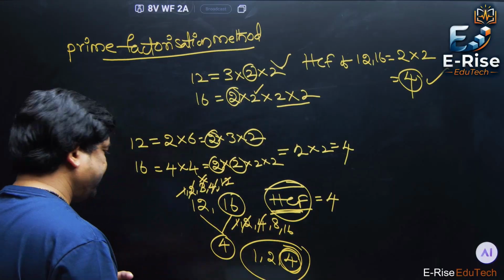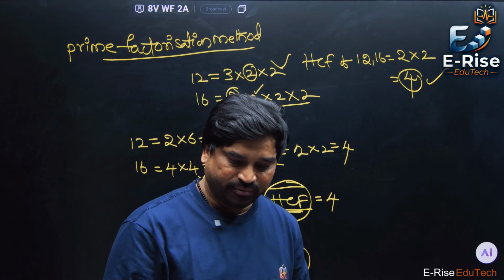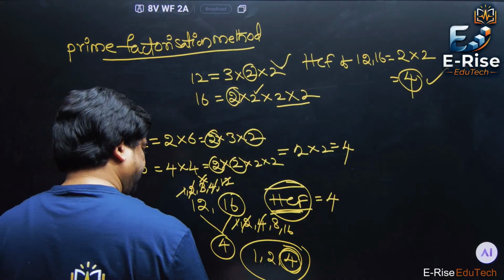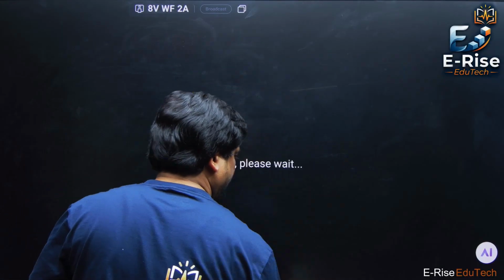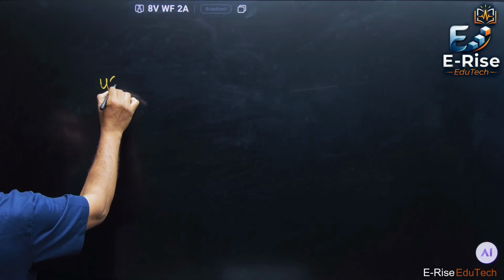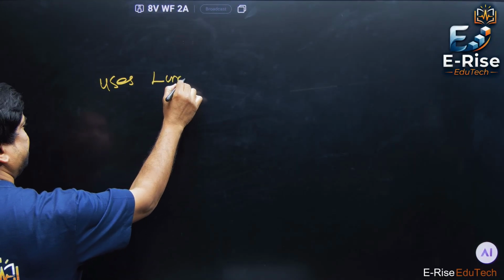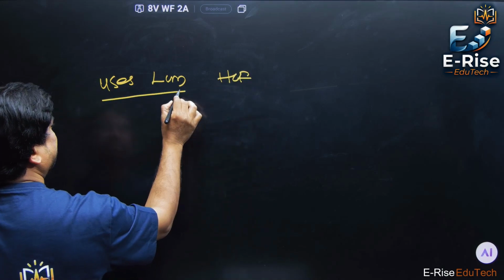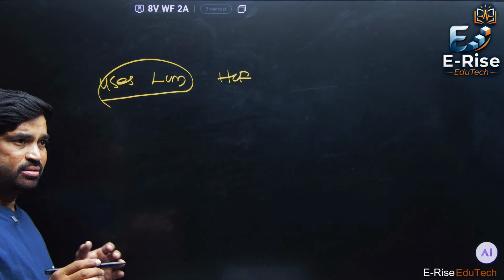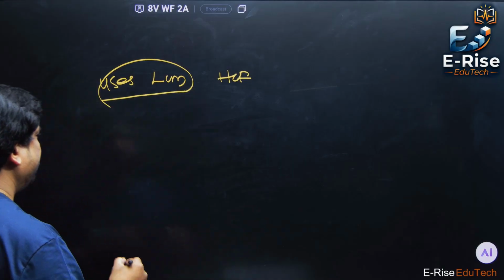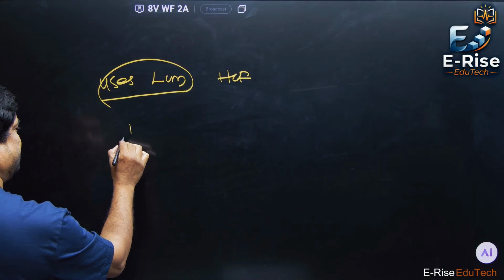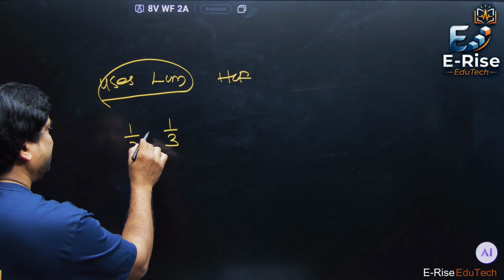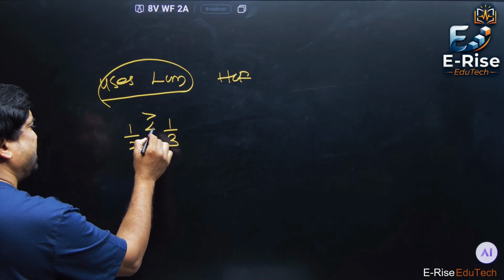So what is the use of LCM and HCF? We will discuss it. Finally, the uses of LCM and HCF. LCM is mainly used for comparison of two fractions like 1 by 2 and 3 by 4, where you need to apply greater than, less than or equal to.